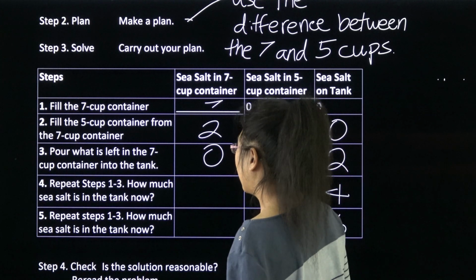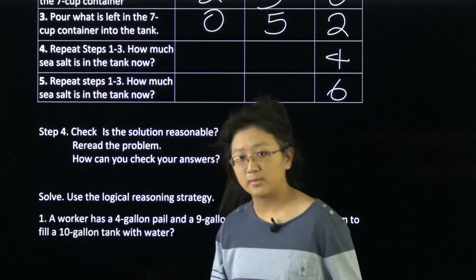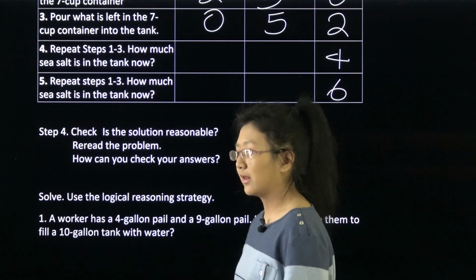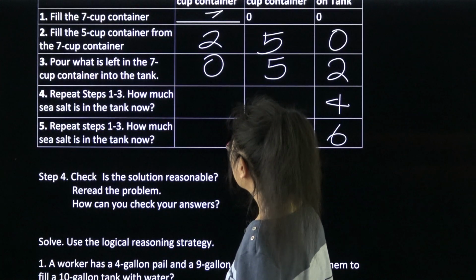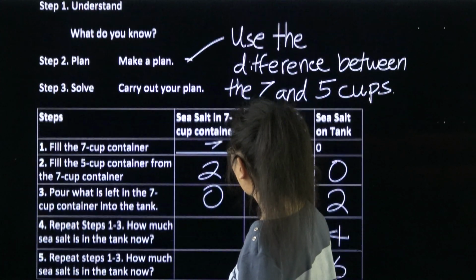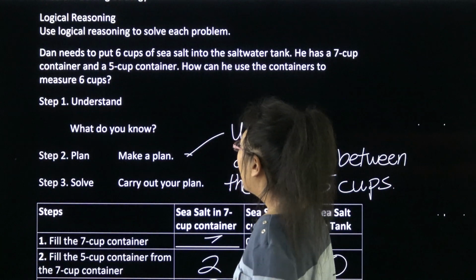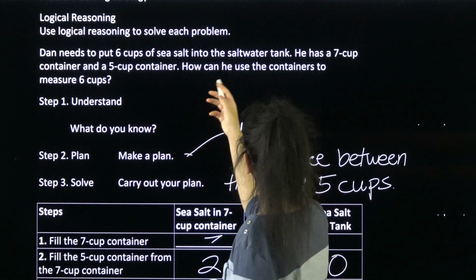We're done. So step 4. Is the solution reasonable? Well, it is. So we reread the problem, and we think, how can we check our answers? Well, since it's logical reasoning and it's asking us how, there will be many ways to actually do the question. And we read the question. Dan needs to put 6 cups of sea salt into the seawater tank.